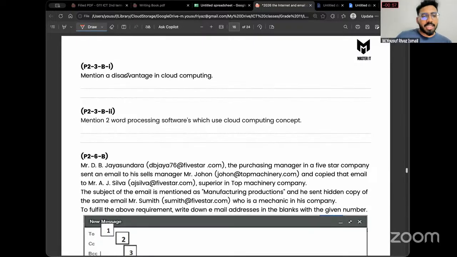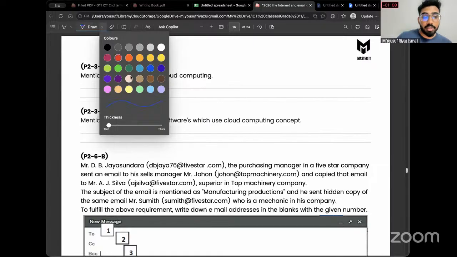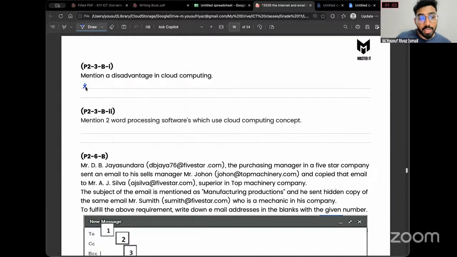Mention a disadvantage in cloud computing. The main problem we have in cloud computing is that it requires a connection. What connection? You should choose one. Don't come in the middle for both.